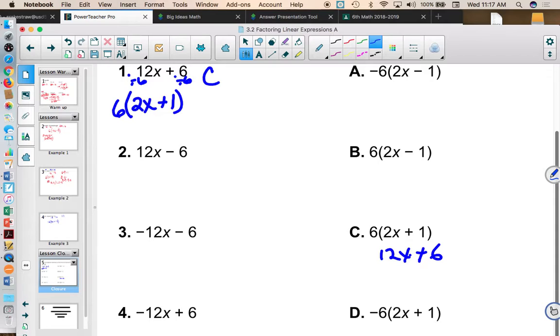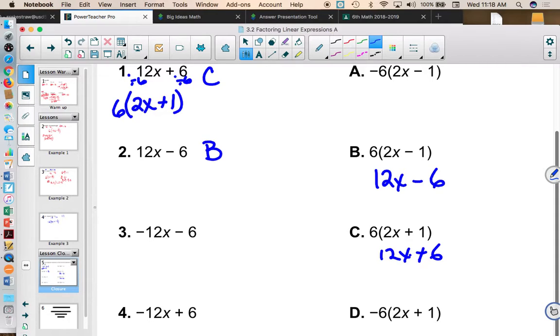So, which expression matches 12x minus 6? Which expression matches 12x minus 6? Darty says it's B. And if I go here, I know I've got 12x minus 6. I agree with Darty. Do you agree with me?